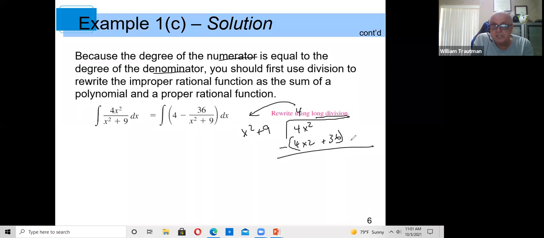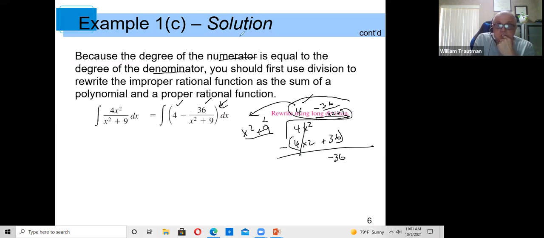And when you subtract that, these two go to 0, and 0 minus 36 is a negative 36. So you end up with 4 minus 36 over the divisor. So this is how you get this part. You have to use long division. So you end up with 4 minus 36 over the divisor, which is x squared plus 9.